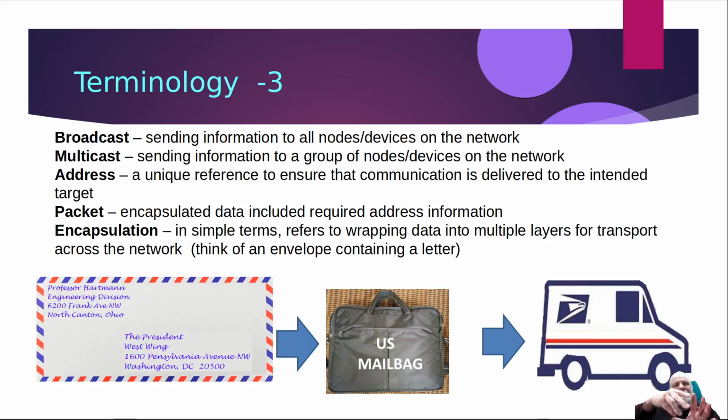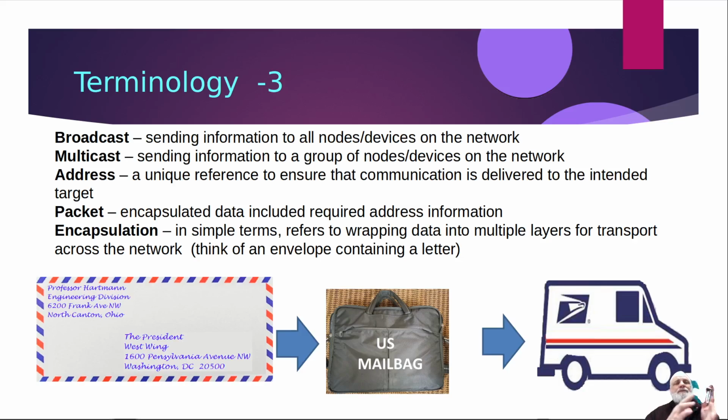I'm encapsulating the data, the letter, in the envelope. And then on the outside of the envelope, I have to put the address. So I put the president's address, West Wing of the White House, 1600 Pennsylvania Avenue.